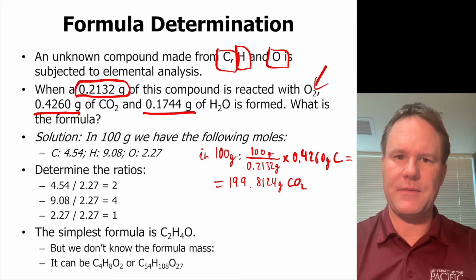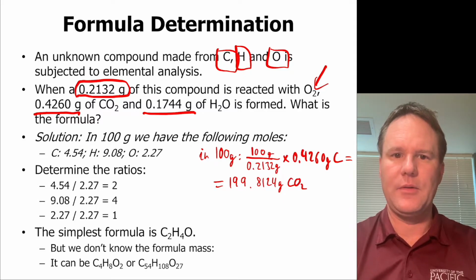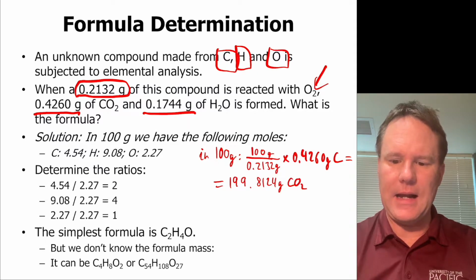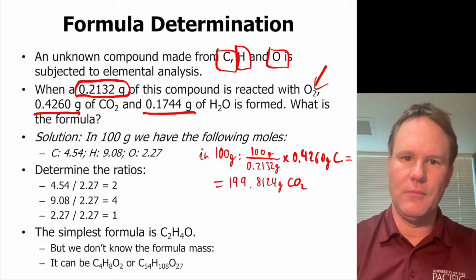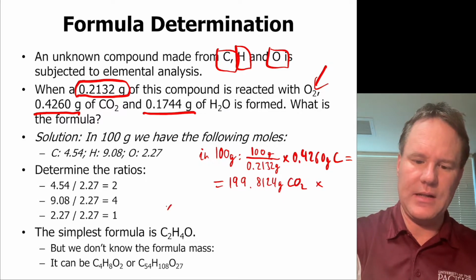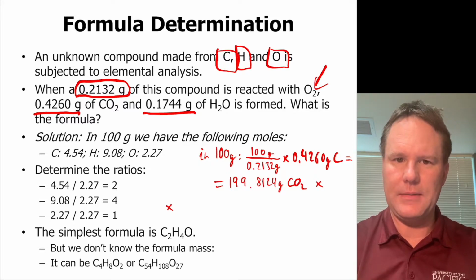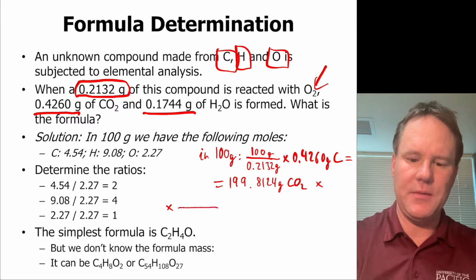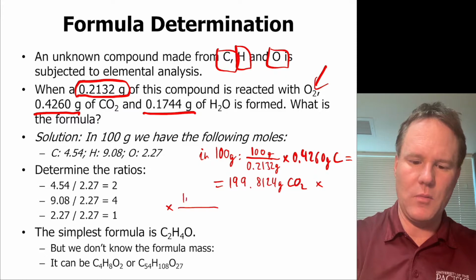So from 100 grams of this compound, if we do a combustion in oxygen, then we get this much CO2. And then I want to convert this to moles of carbon in 100 grams. So I take this and then I convert it to moles of the carbon. But first, I would need to convert it to moles of CO2, right?